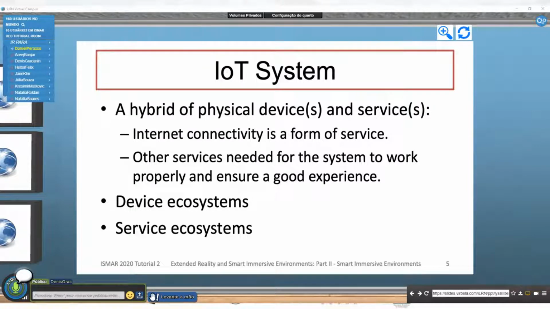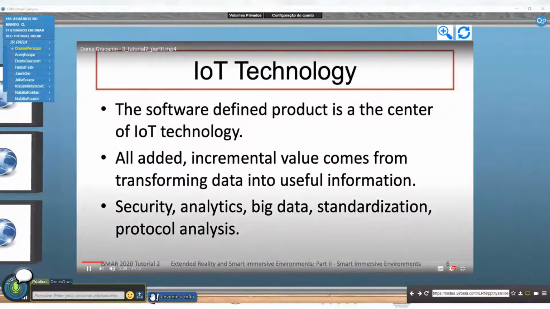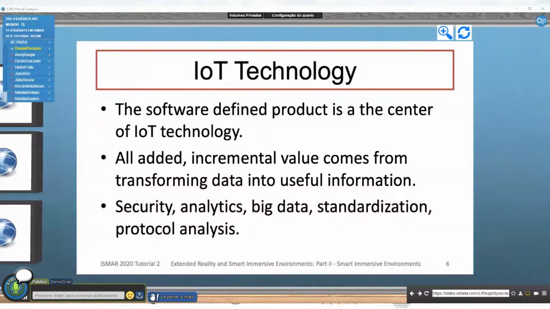So what is an IoT technology in that case? Well, when we talk about IoT, really at the center of the IoT technology are software-defined products. And why? Because all added incremental value that comes from IoT comes from transforming data collected by sensors into useful information.